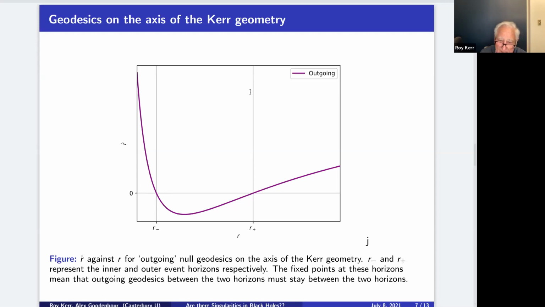What this means is that on the shell between the two horizons, this is doing its best to go out, but it can't. It's falling slowly in. It's asymptotic at both ends to the event horizons.